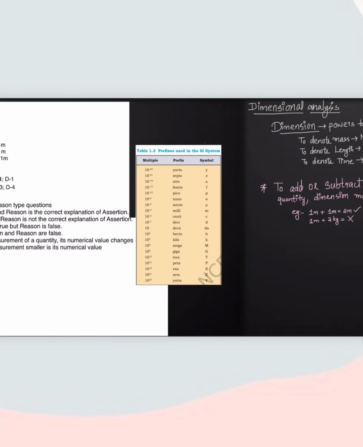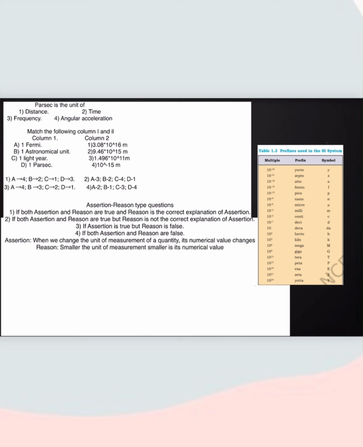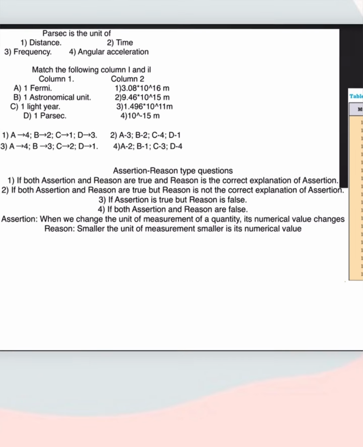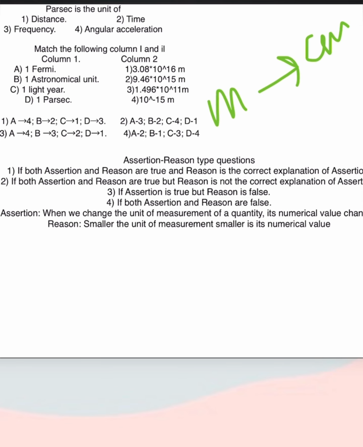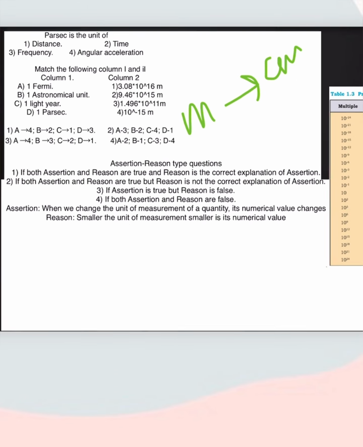There is a question related to this topic. It is an assertion-reason type question. Assertion: when we change the unit of measurement of a quantity, its numerical value changes.